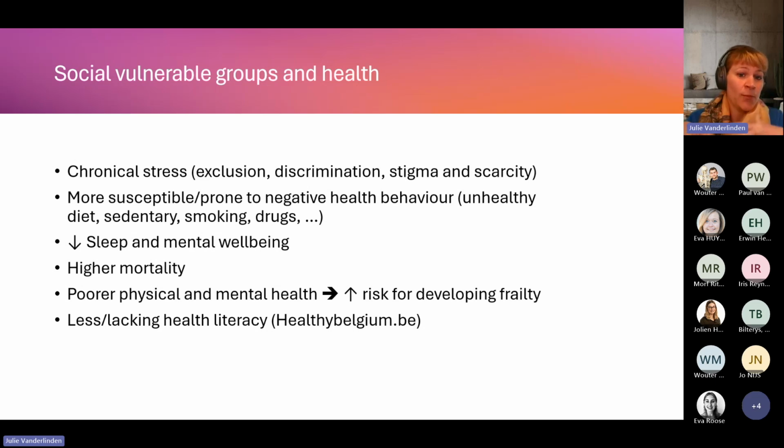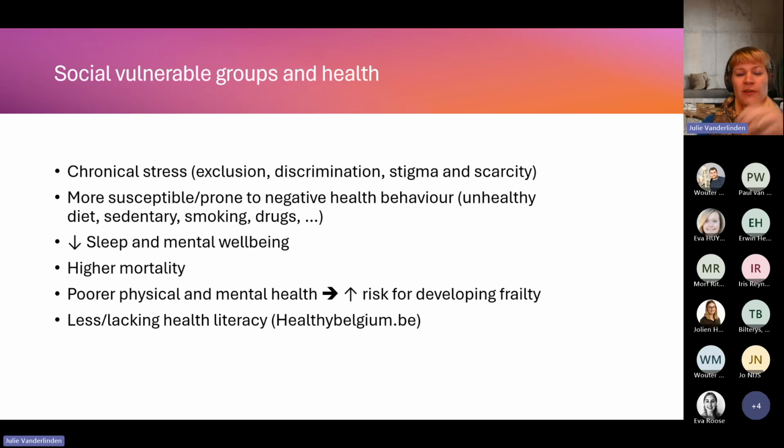And when you take up more unhealthy behaviors, it's like a negative circle. You end up with lesser mental well-being, you get less sleep quality, you sleep less, you get insomnia, which also might increase your likelihood of developing chronic diseases such as diabetes, cardiovascular disease, also cancer, which might of course also increase your mortality.